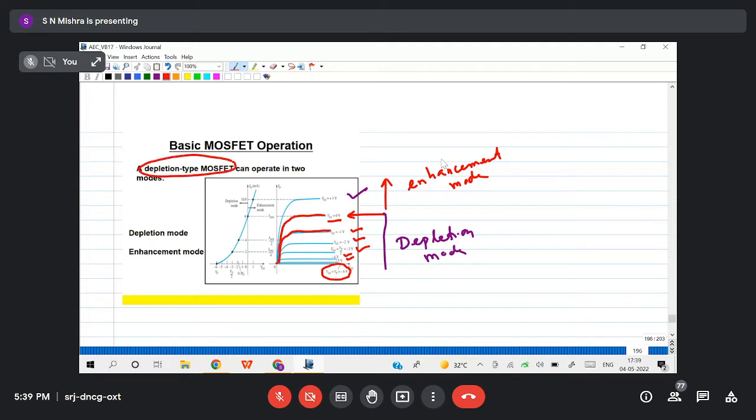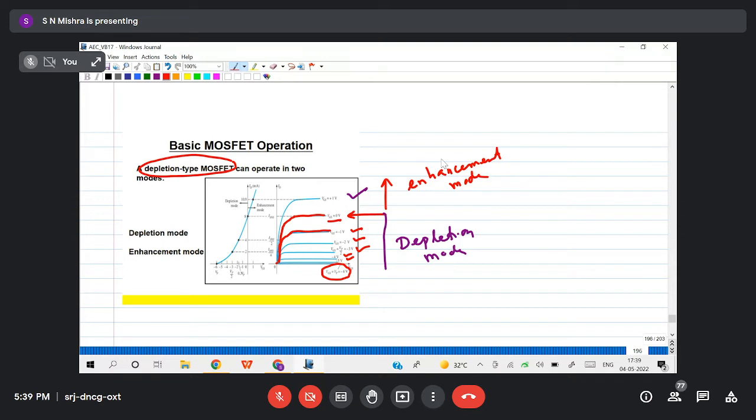Depletion generally means decreasing or void or less, because the depletion region is the region where we do not find any mobile charge carriers, the region depleted of mobile charge carriers in the PN junction.